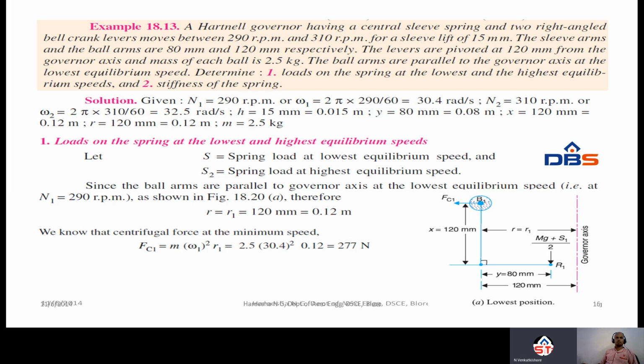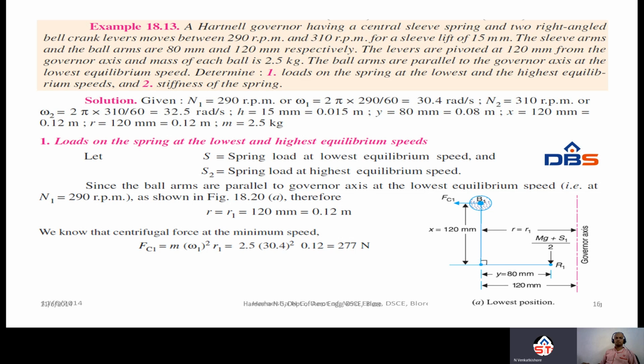Then coming to the problem: a Hartnell governor having a central sleeve spring and two right-angled bell crank levers moves between 290 rpm and 310 rpm for a sleeve lift of 15 mm.